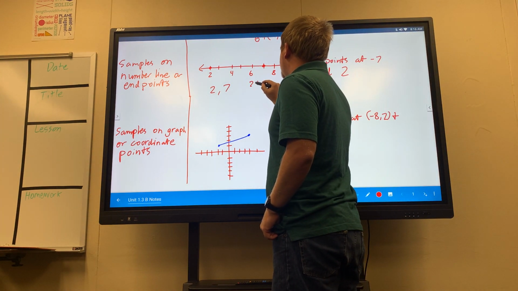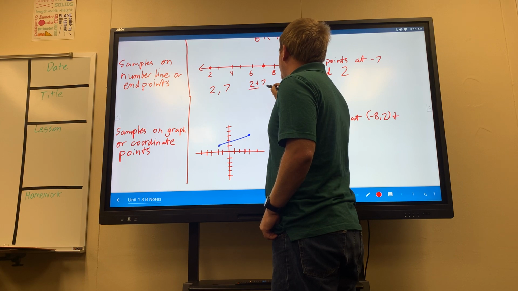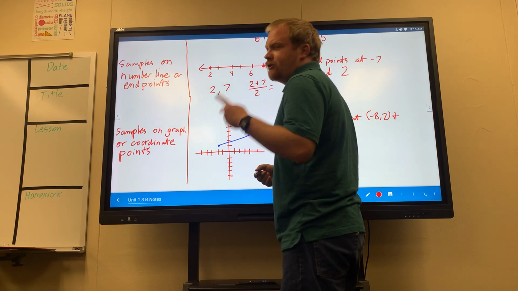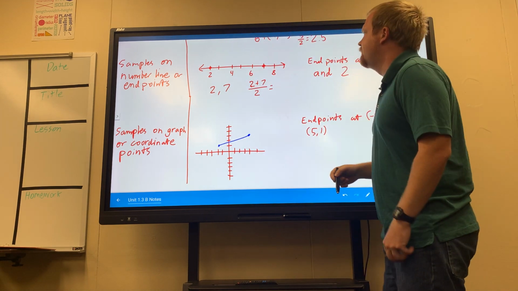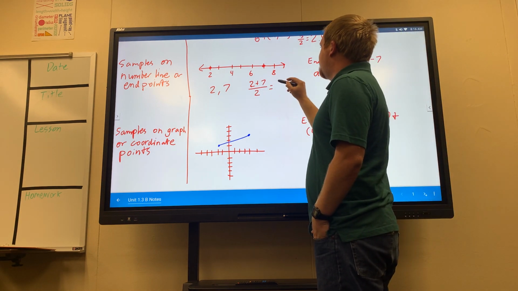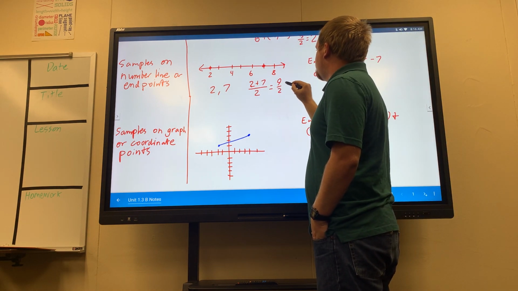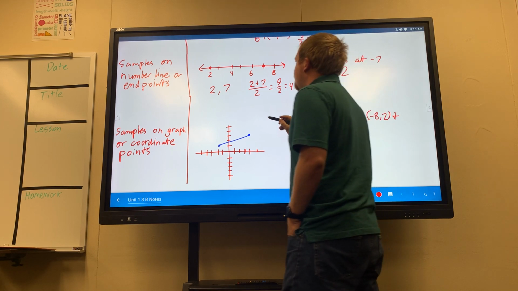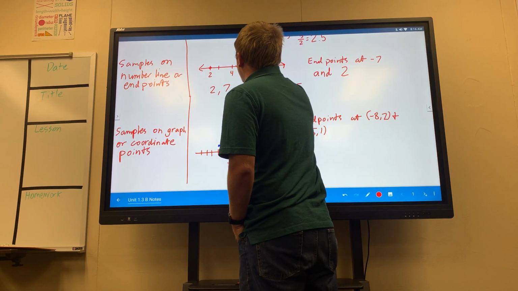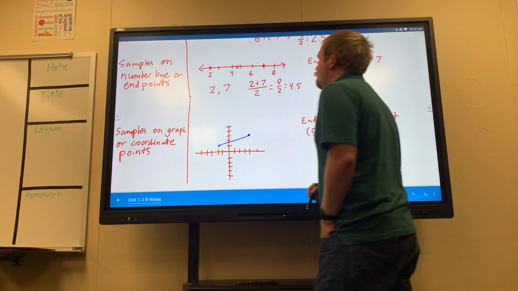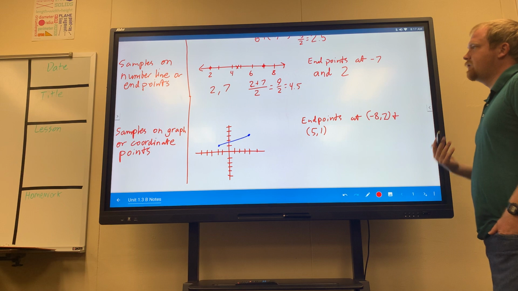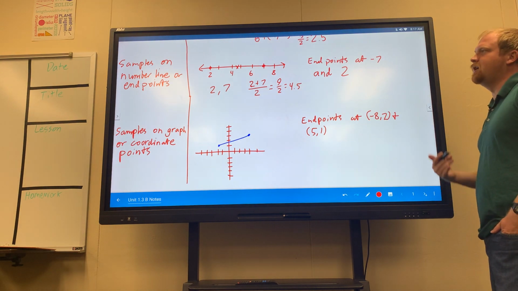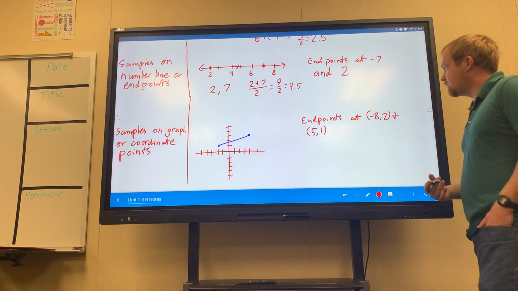So 2 plus 7 divided by 2, because there's only 2 values we're taking the average of. 2 plus 7 is 9, divided by 2 is 4.5. So my midpoint is about right there, where the x is. That's about halfway between 2 and 7.